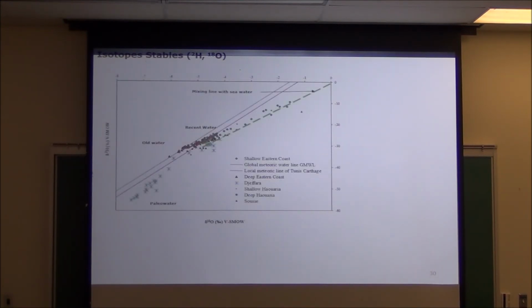The stable isotopes and the ionic and geochemical study done separately are not distinctive, but when we do a combination of these two approaches, it's more explicit. The plot of oxygen 18 versus deuterium for these 4 aquifers shows the presence of 4 groups.